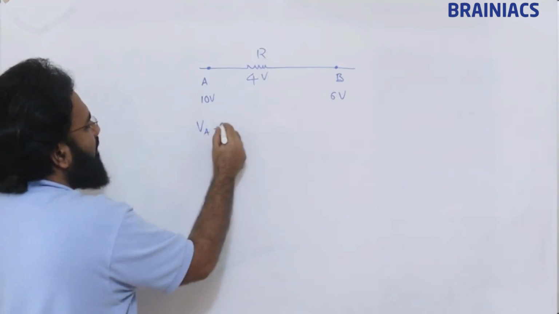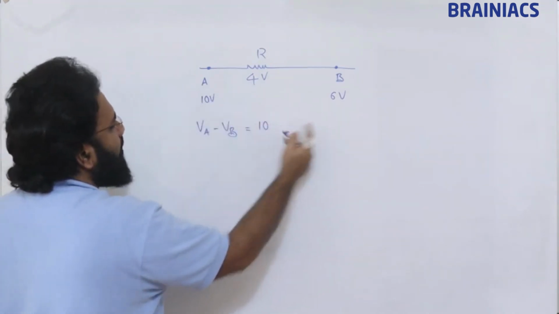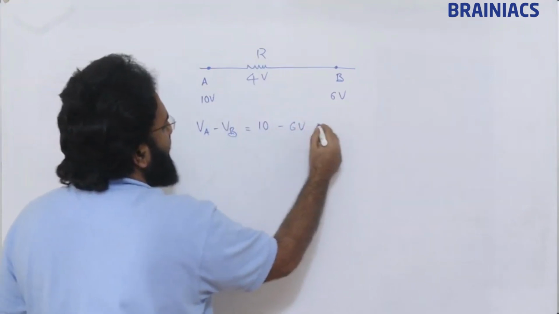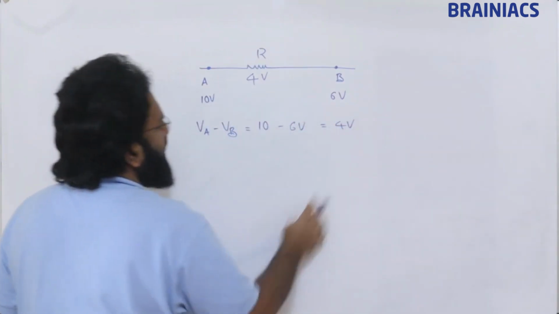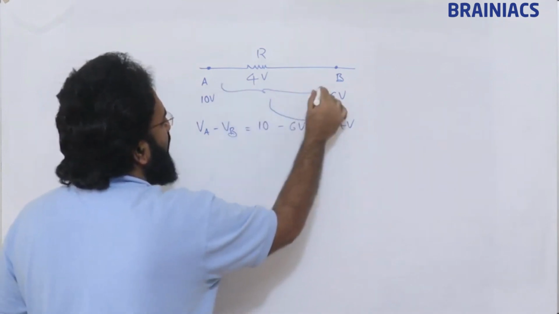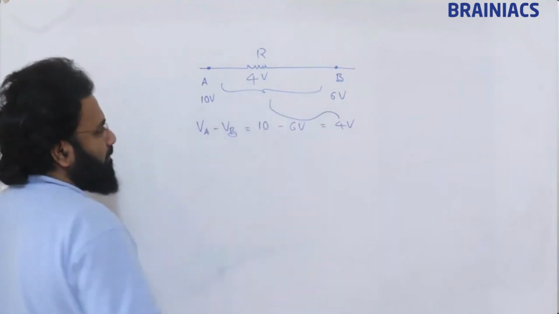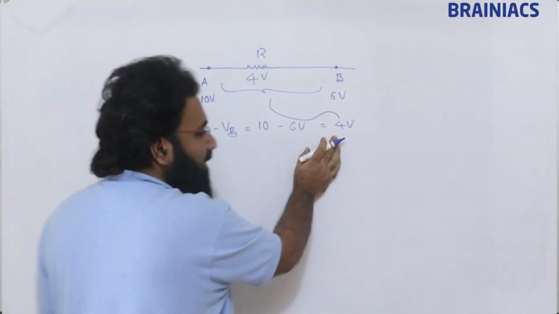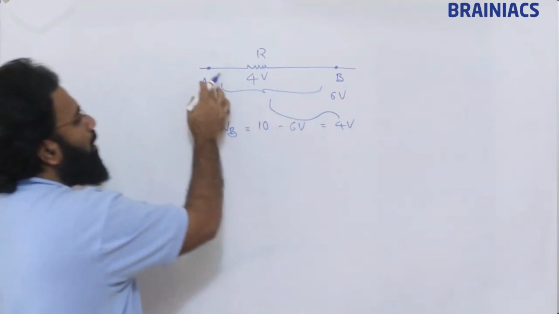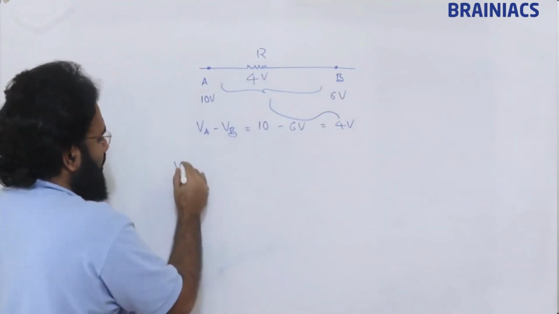So VA minus VB is how much? 10 volt is VA, 6 volt is VB, this is nothing but 4 volt. So this 4 volt is nothing but the voltage drop that has happened between these terminals. VA minus VB is the voltage drop that happened between A and B.